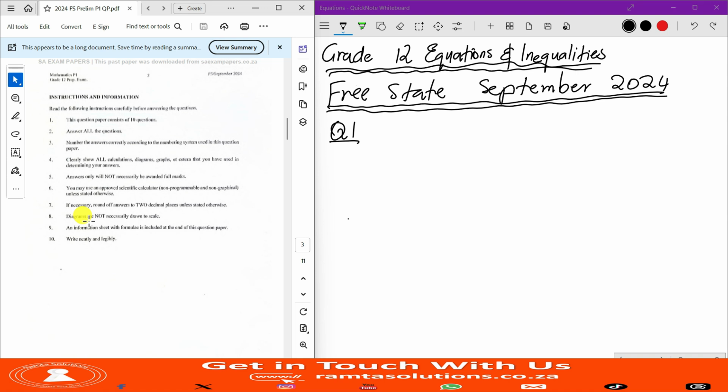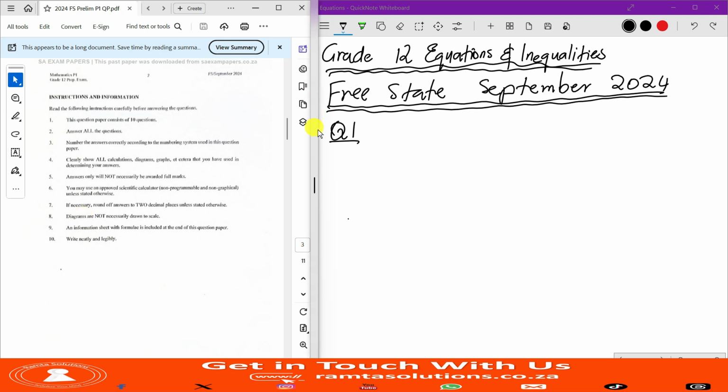Though you are working for your distinctions, it's important that you also improve the presentation of your work. In other words, instruction 10, write neatly and legibly. All right, cool. Now, let's get into it.